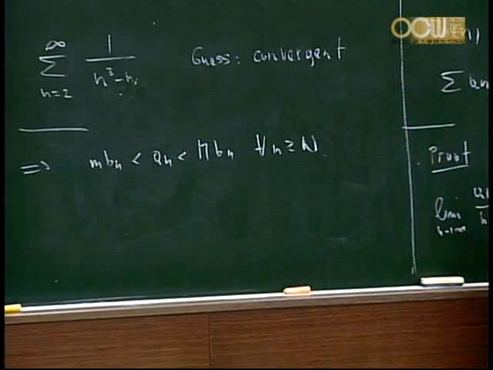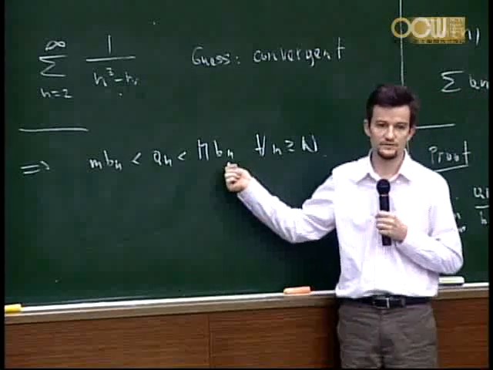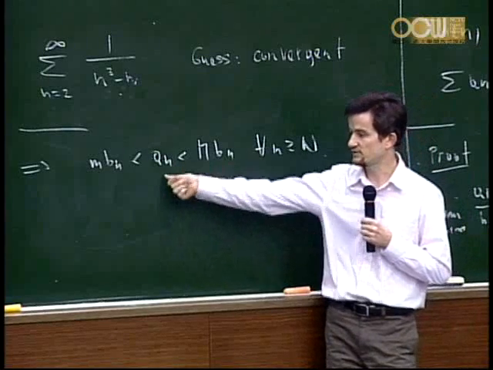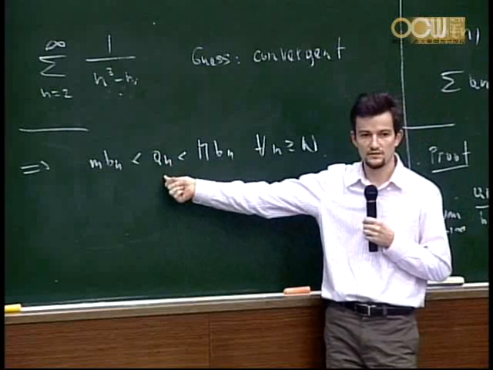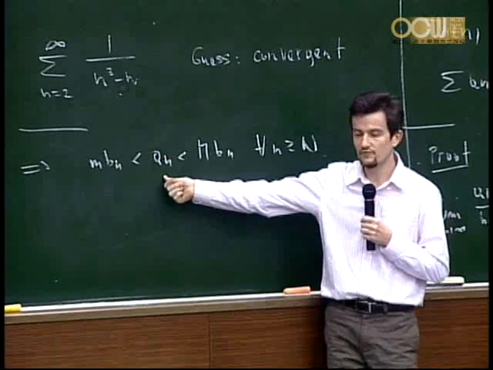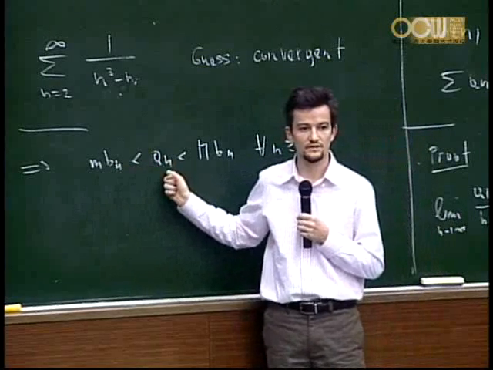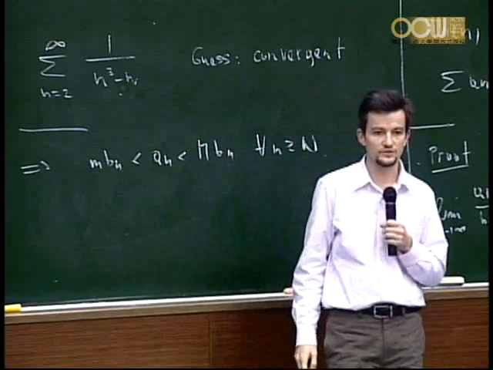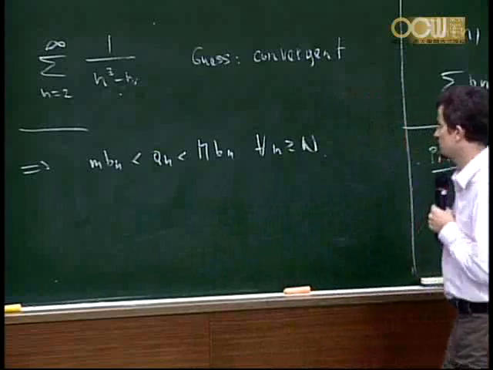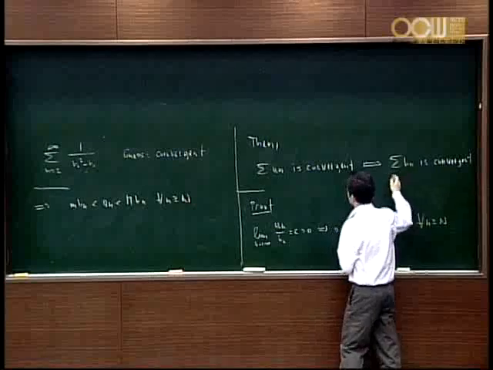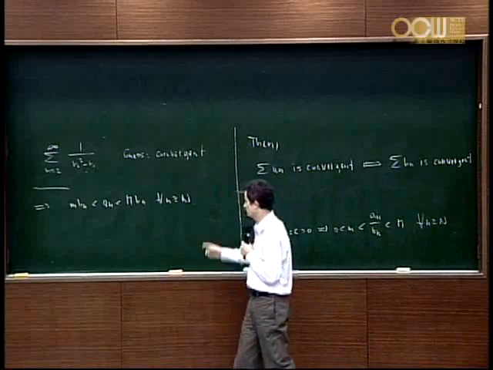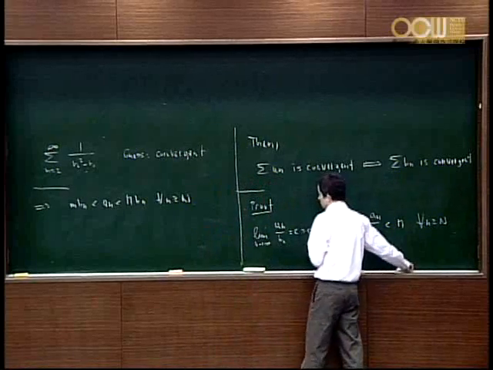For instance, if the series over b_n is convergent, then because of the original comparison test, the series over a_n is convergent as well. If the series over b_n is divergent, you use this inequality, and you see that the series over a_n is divergent as well. So the series over a_n and the series over b_n have the same convergence behavior. So from this, the result follows trivially.